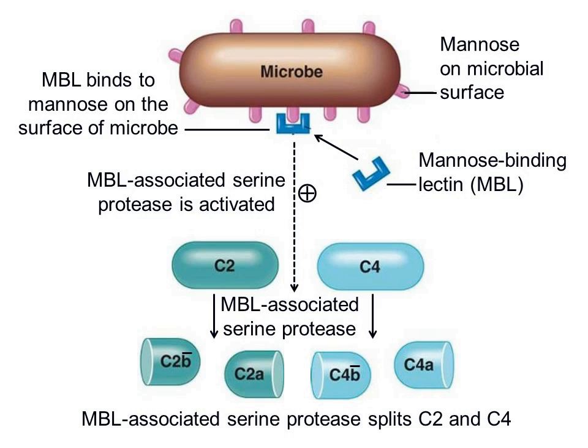So this mannose binding lectin binds to the mannose residues, and this binding activates MBL associated serine protease or MASP, and this active protease then splits C2 and C4, forming the active C2b fragment and the active C4b fragment, which will then act on C3.